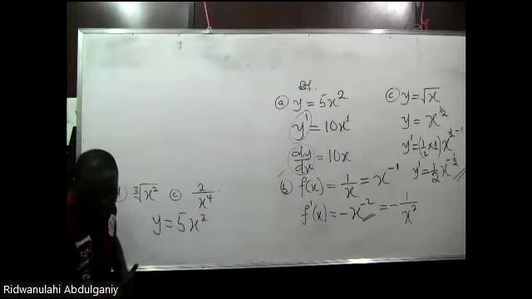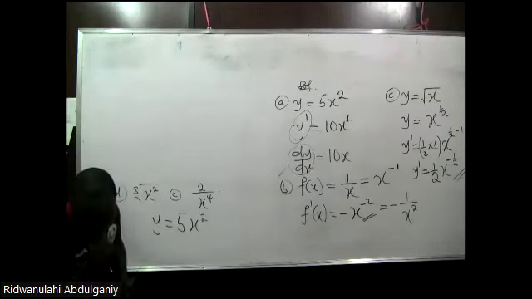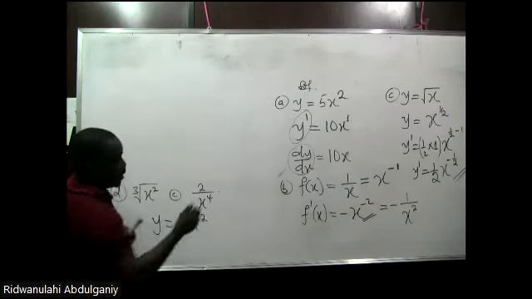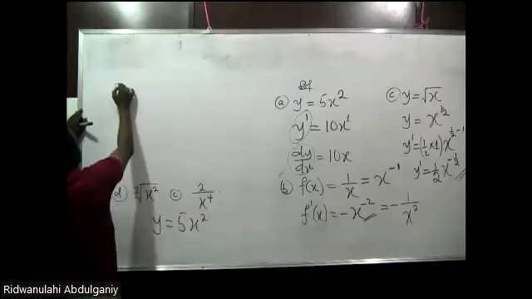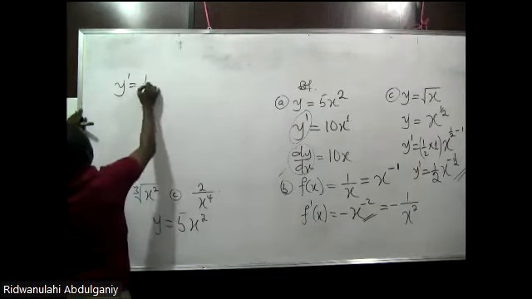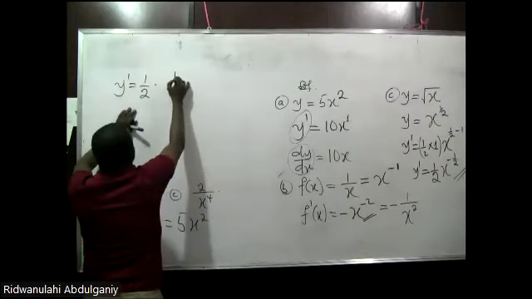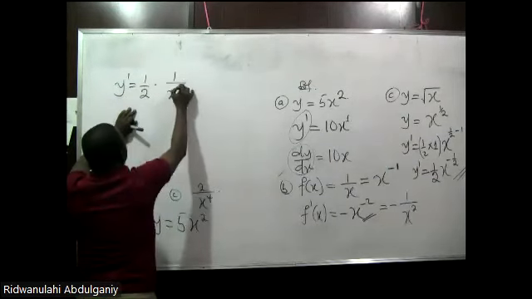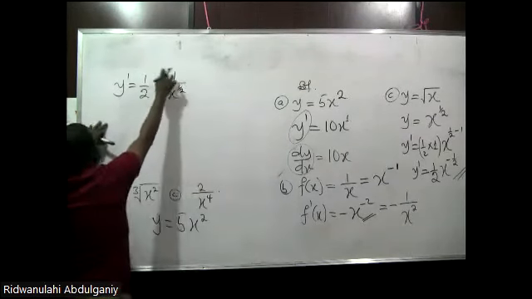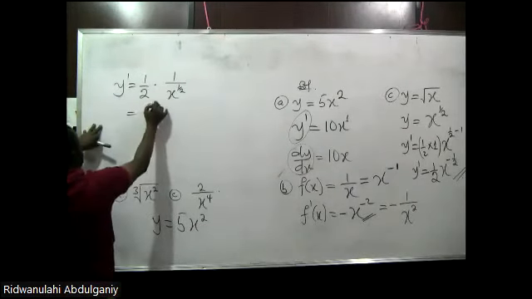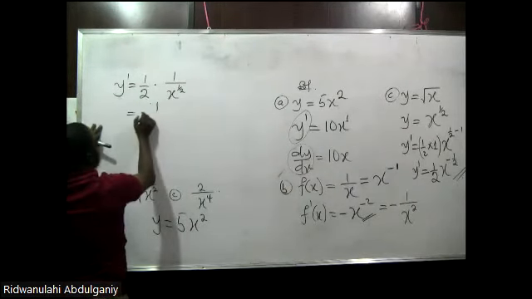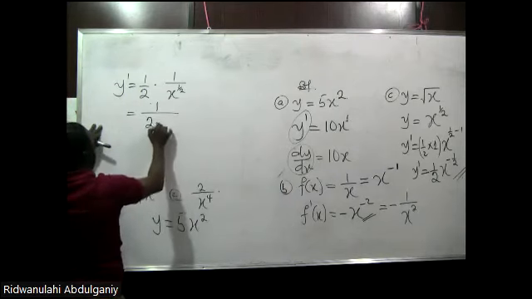In the law of indices, y prime now becomes 1/2 times 1 over x raised to power half. 1 times 1 will give us 1. Then 2 times x raised to power half will give us 2x raised to power half.